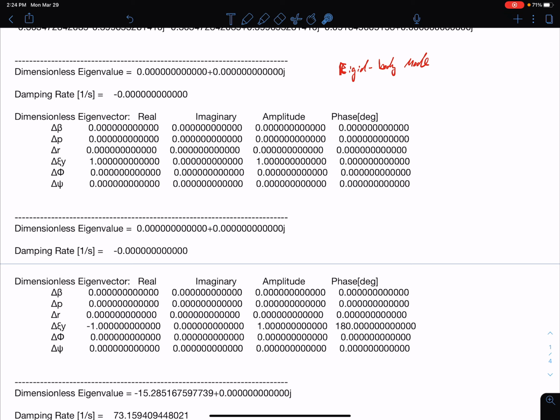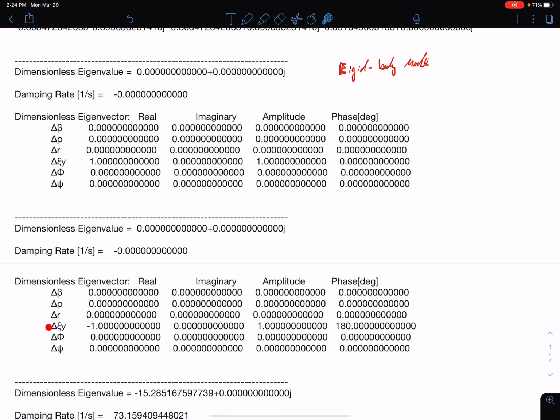I've seen this a few times though, where the rigid body modes it has a hard time with. I don't know if it's an ill-conditioned problem for solving for those or what, but actually what should happen is it should have come out for this variable right here, and that's our heading. That psi value is a heading, and it shouldn't matter what direction the aircraft is heading, it will have the same dynamics. So in your solver you may get a 1 here for the y coordinate. You may get it for the heading.